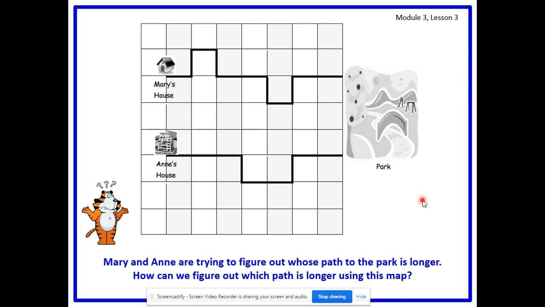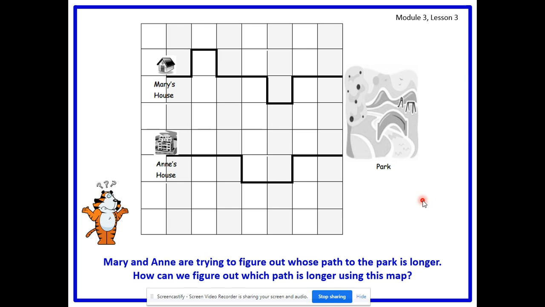Get ready. Well, I heard that if you look and see which one seems longer, you can also count the boxes from one endpoint to the other, measure the path with a string and compare, or count each line on the path, which are all great answers.